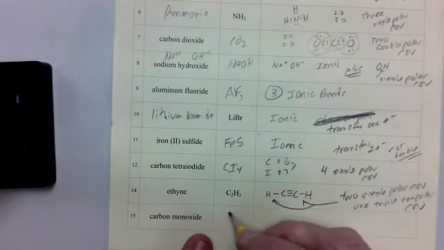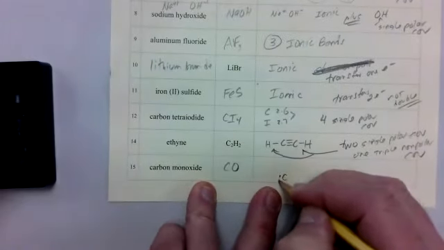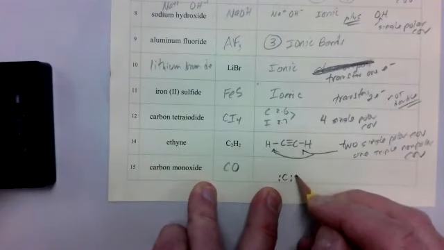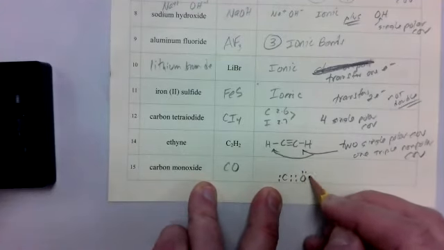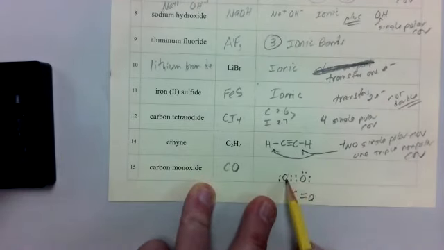Now, carbon monoxide is one of the trickiest ones we're going to have all year. The carbon starts out with 4 dots, and we're going to try to make a double bond like that. We're going to try to do this, but look what happens. The oxygen gets 8 electrons and has the octet, but the carbon only has 6.